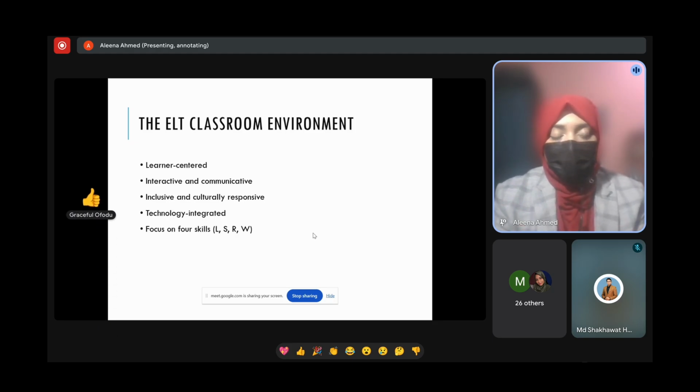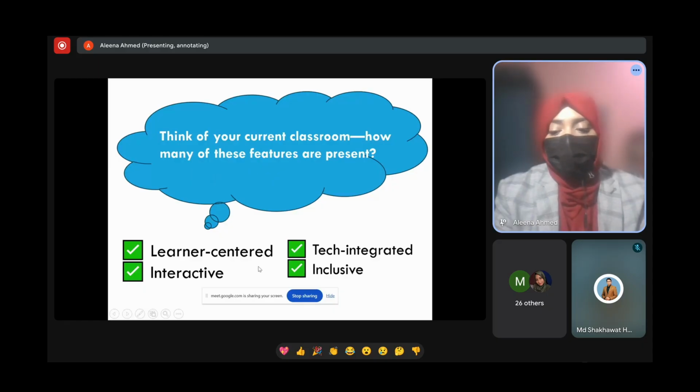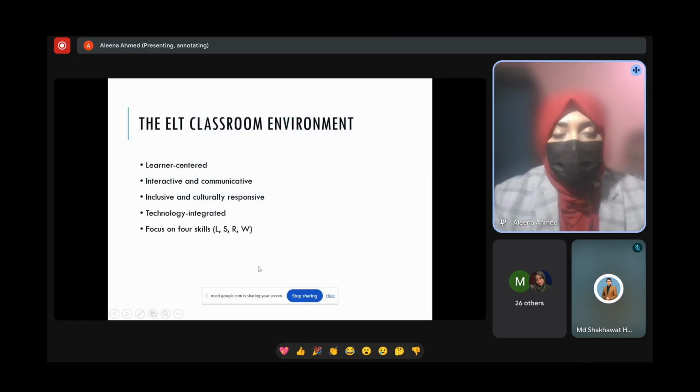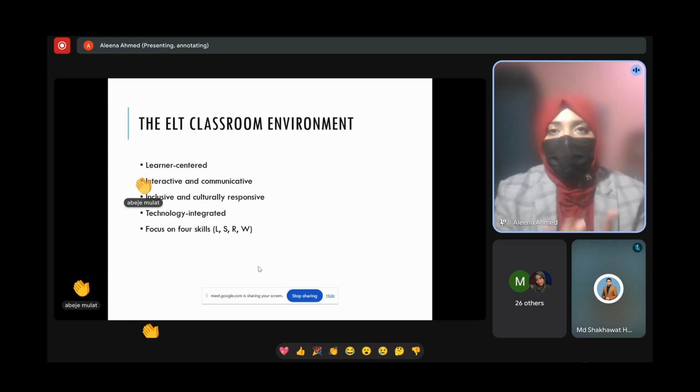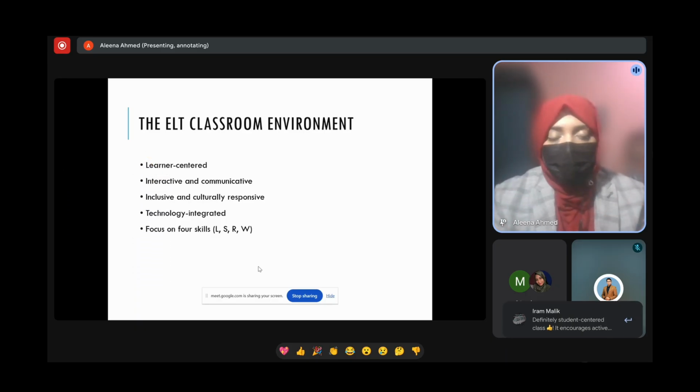That is our first point, learner centered. So an ELT classroom should be a learner-centered classroom with very less teacher talking time. A teacher will only introduce the topic, or maybe let them know about the content, or maybe just the rules and the structure and the information about the topic.